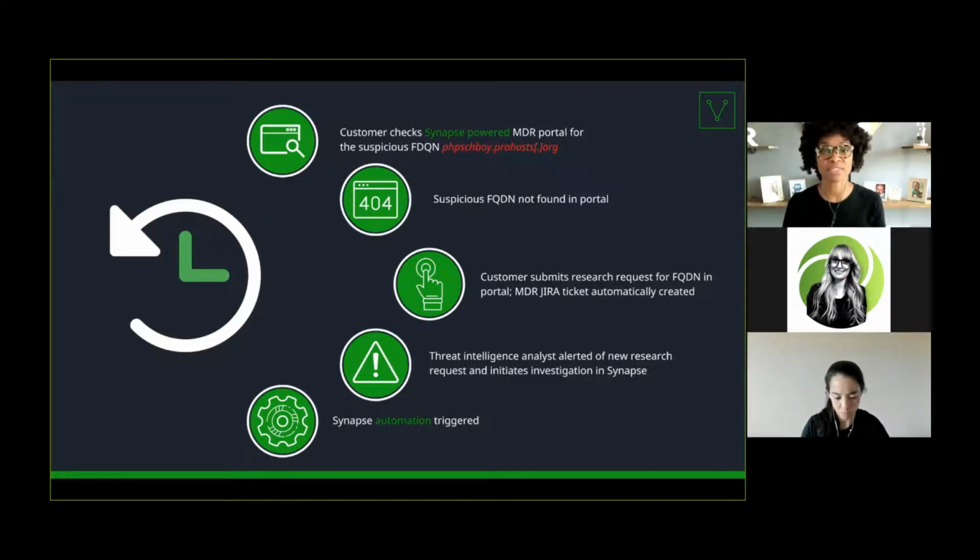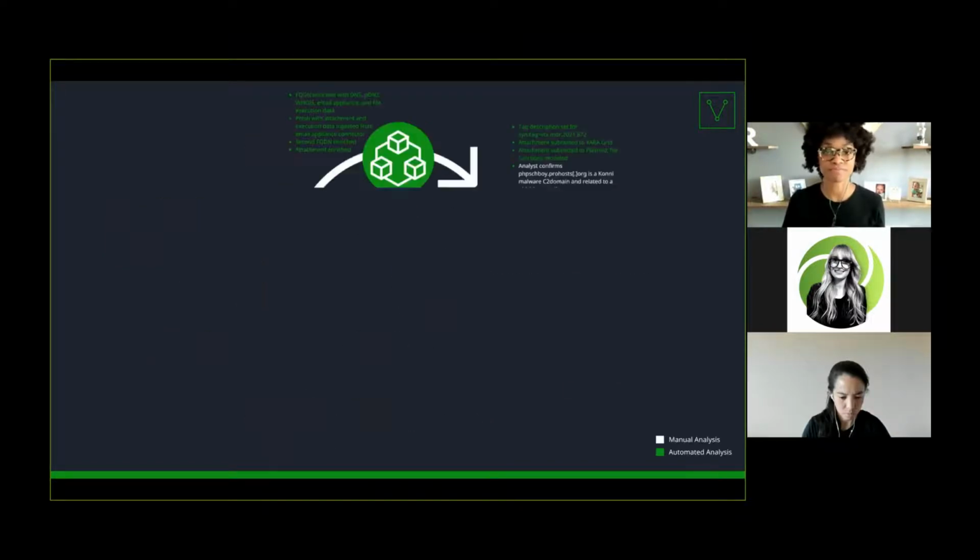So because of this, the customer then submits a research request in the portal, which then automatically results in the creation of a Jira ticket. Once this Jira ticket is created, an analyst is alerted of this request, and then they initiate an investigation in Synapse. And once this investigation kicks off, automation in Synapse is triggered.